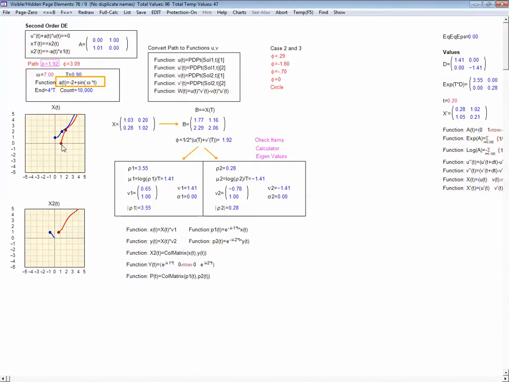There are actually two solutions being generated, a red one and a blue one. And the first red point is the starting point for one solution, and the blue point is the starting point for the other solution. And I've set things up so that they start at 1, 0, and 0, 1. So this means that the fundamental matrix that these paths represent is actually the principal fundamental matrix.